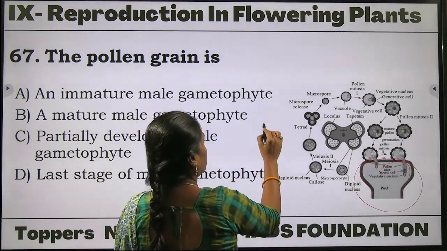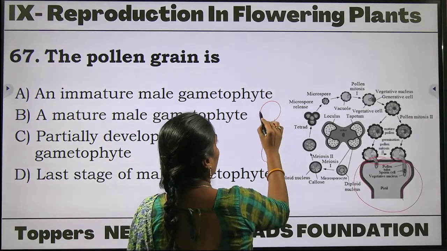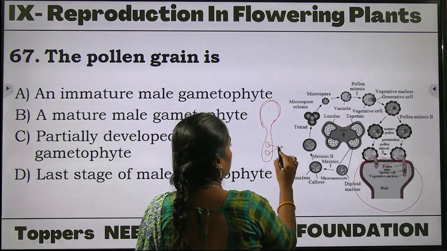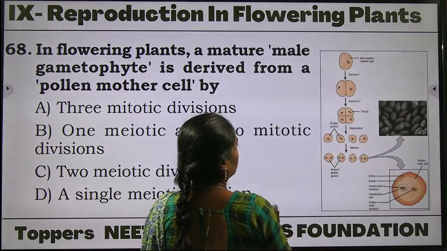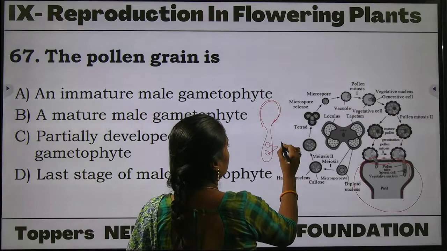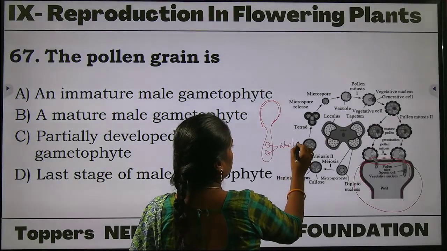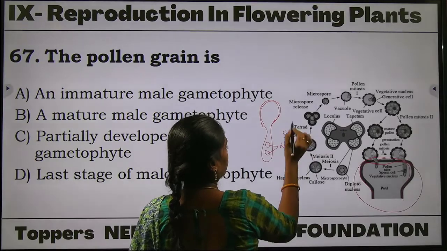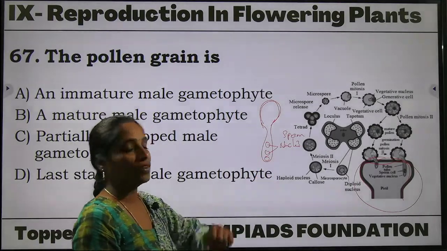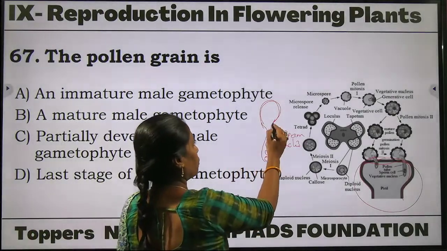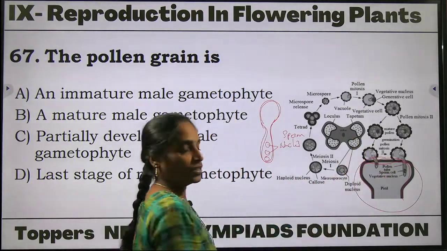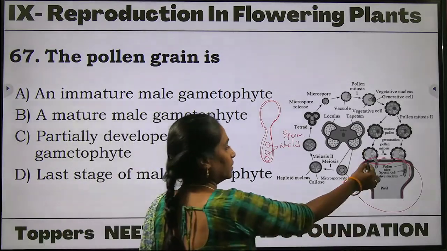The pollen tube contains two sperm nuclei, and at the bottom we can observe the nucleus developed by the vegetative cell, which develops the pollen tube. The germination of the pollen tube is done in the pistil region.